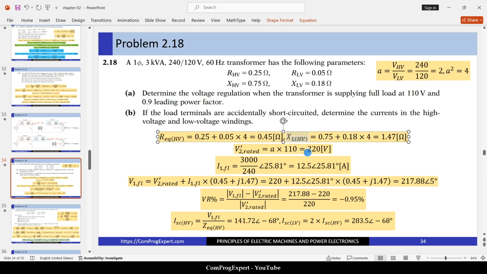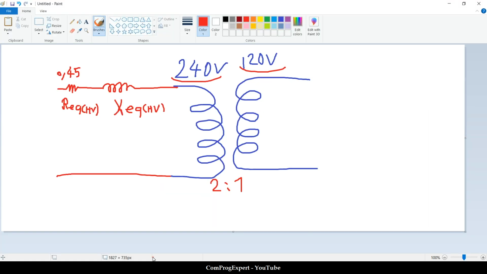So it's better if I write here equivalent. Yes, that is equal to 0.75, this number, plus 0.18 times 4. That is equal to 1.47 j, so 1.47.